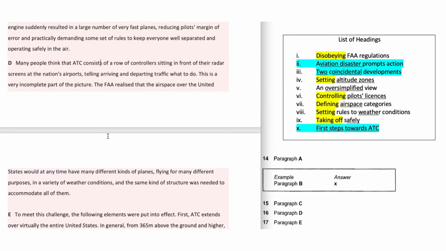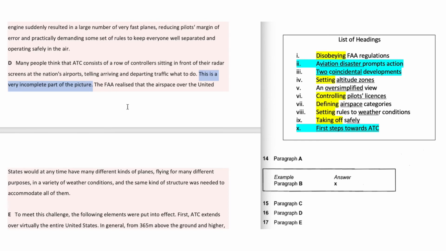If we move on to paragraph D, again, spend your 30-45 seconds to skim and scan the paragraph. And the main idea here is that people just thought that ATC was made of controllers sitting in front of their radar screens in airports in the United States, and basically had an easy job. But this is a very incomplete part of the picture.